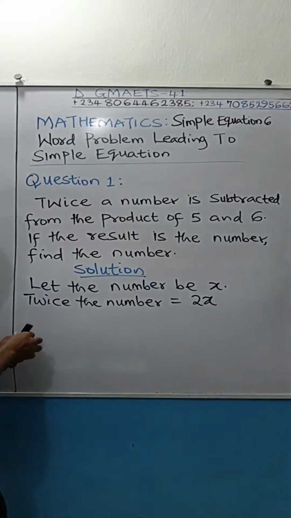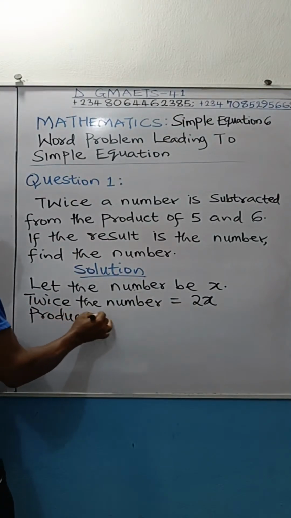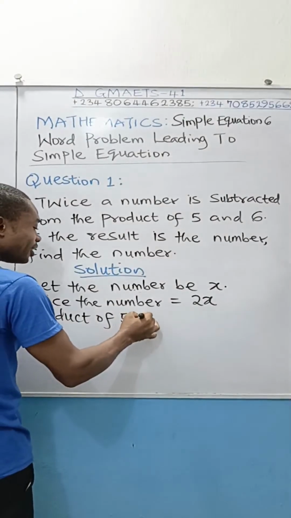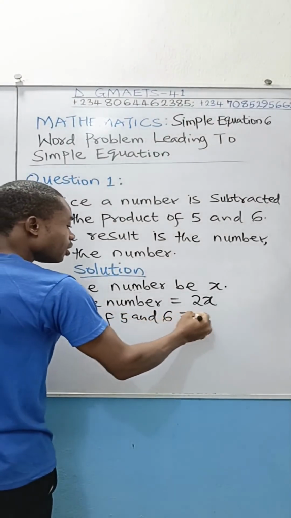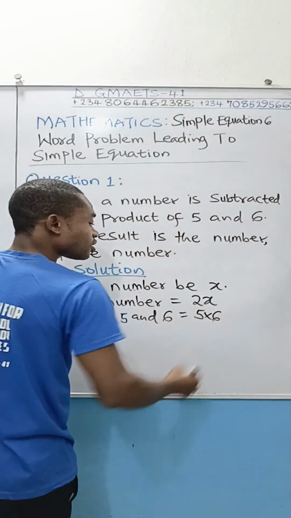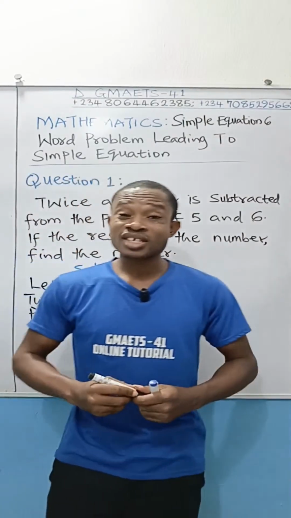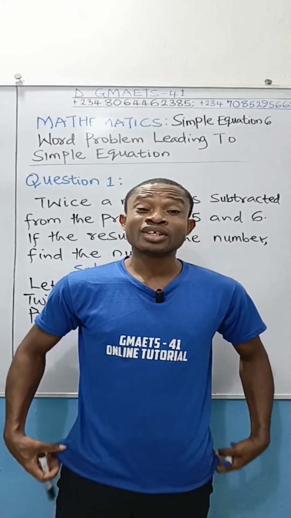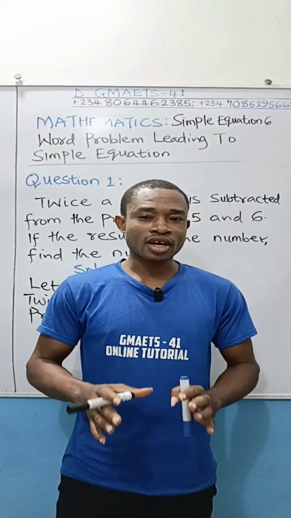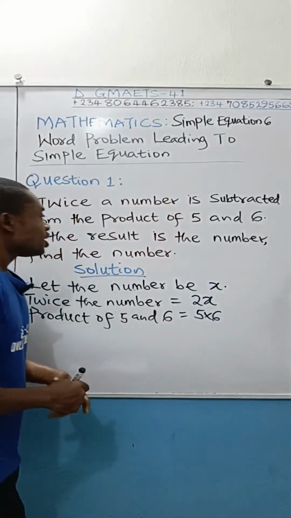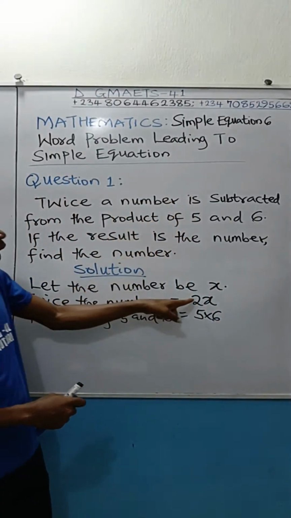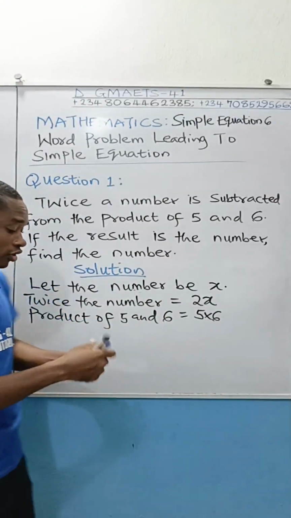So I'm going to write product of 5 and 6 first. Product of 5 and 6 means 5 times 6, which of course will give you 30. Now we are told that twice this number is subtracted from the product of 5 and 6.